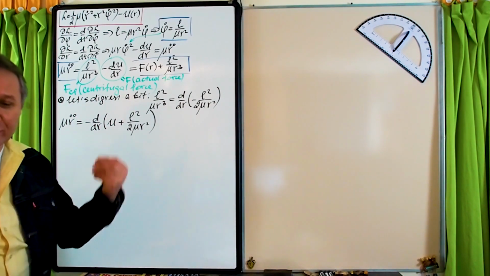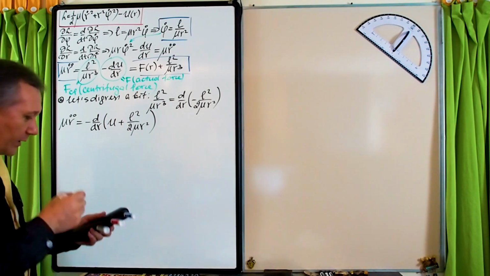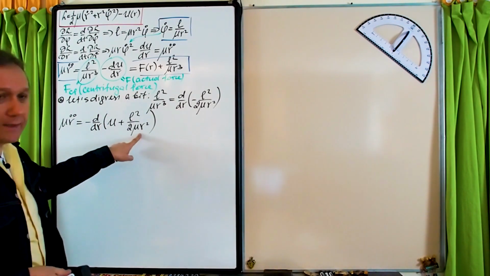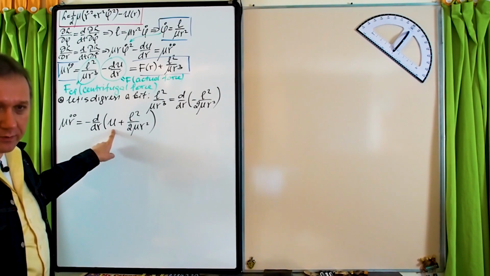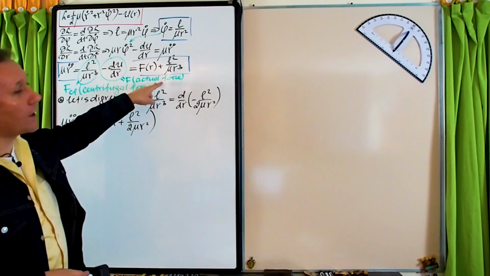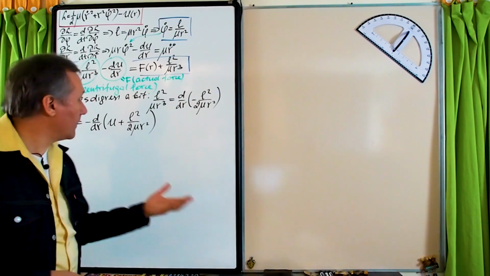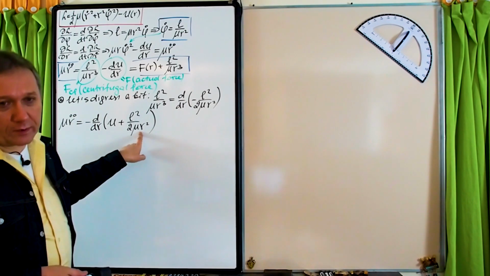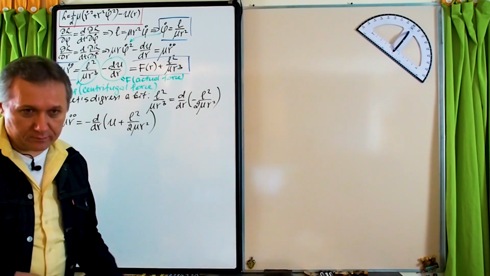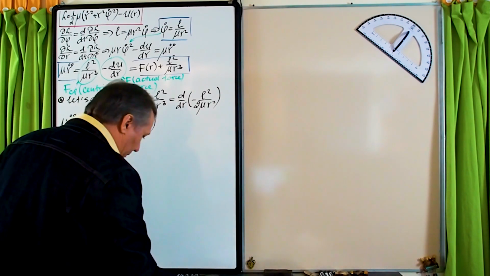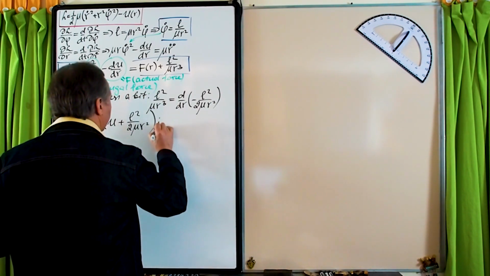So we combine these two terms now. Before I introduce the next thing, let's name these terms. This is the actual potential energy associated with the actual force, for example, gravitational potential or electric potential. This term, of course, we can call the centrifugal potential energy.